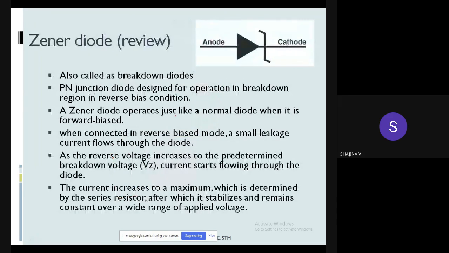Okay, so we can say when connected in reverse bias mode, a small leakage current flows through the diode initially. As the reverse voltage increases to a predetermined breakdown voltage, that is called Vset, current starts flowing through the diode. Okay, the current increases to a maximum which is determined by a series resistor, after which it stabilizes and remains constant over a wide range of applied voltage.